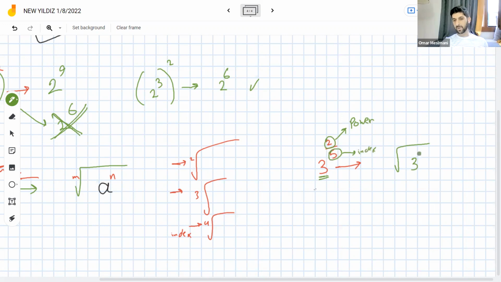So it's going to be 3 power 2, and the index is 5. So 3 power 2 is 9, and it's going to be the 5th root of 9. Yes, I like to call them power and index, easier. Inner over outer, okay, no problem.